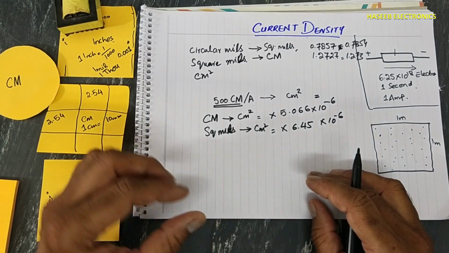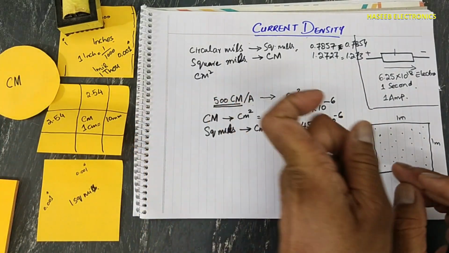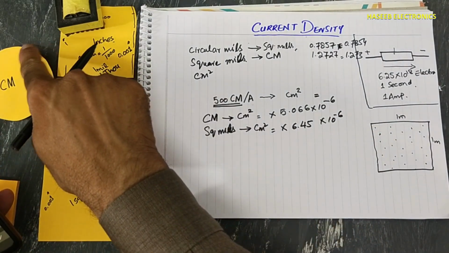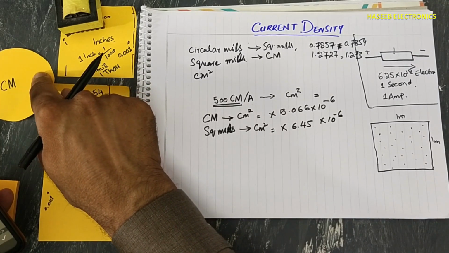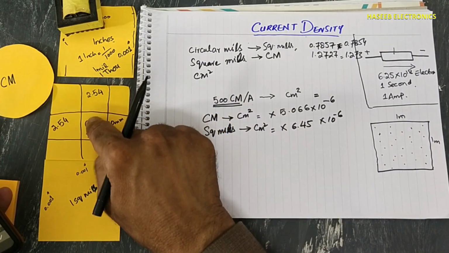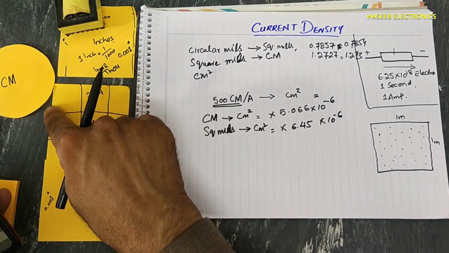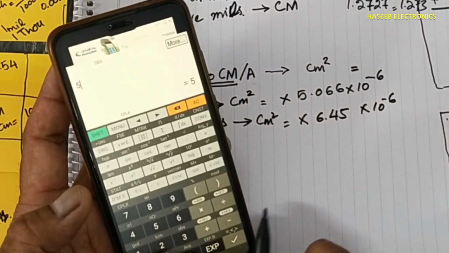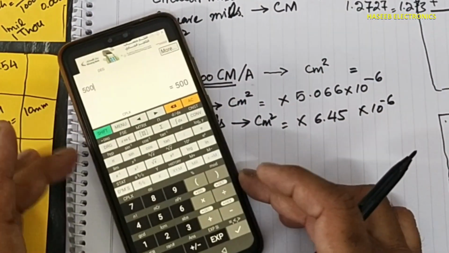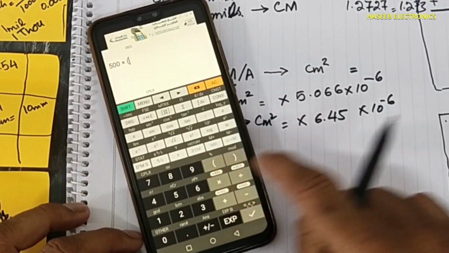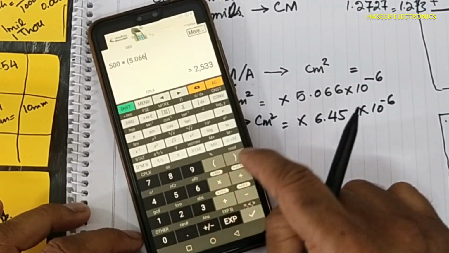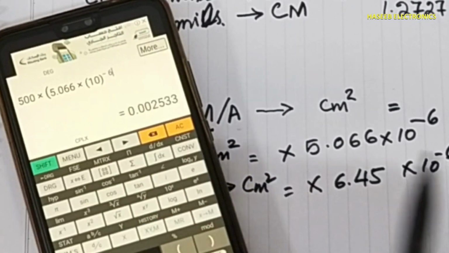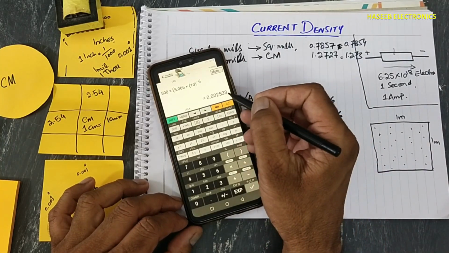Now we say we need 500 circular mils in inches. How much area will it be in centimeter, because here we are counting circular mils? How much area in metric scale? When we say area, that is length multiplied by width. 500 multiplied with 5.066 10 raised to power minus 6 is 0.002533.